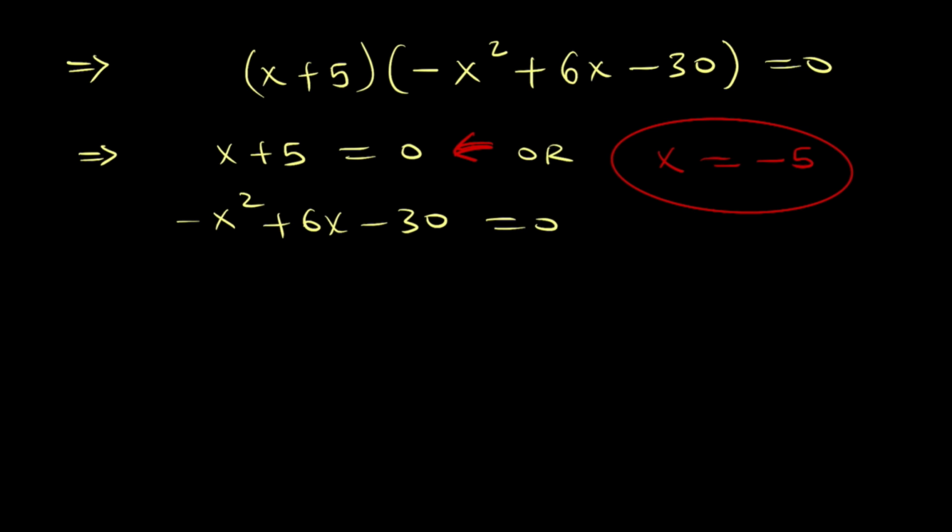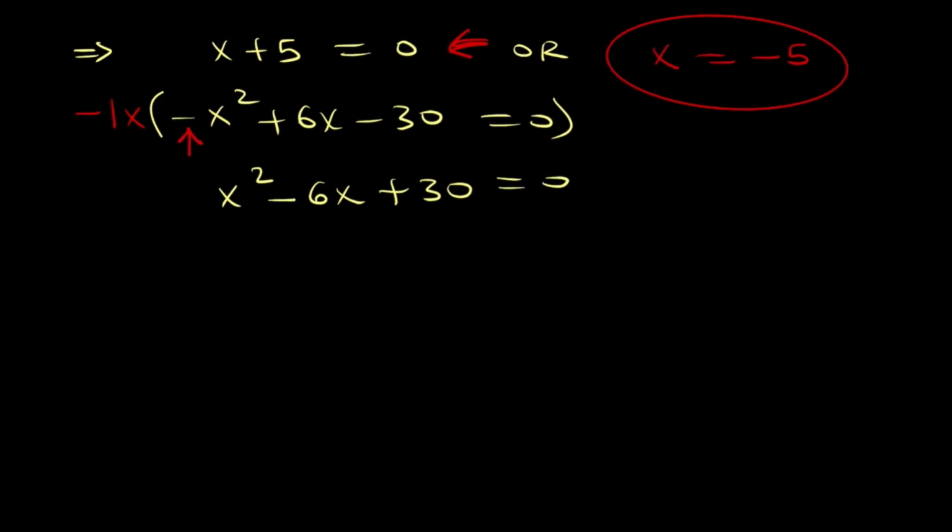Now for the second solution, I'll need to multiply both sides by negative 1, so that I'll get rid of this negative here. What I'll have now will be x squared minus 6x, then plus 30 is equal to 0. So we then need to solve this quadratic equation.